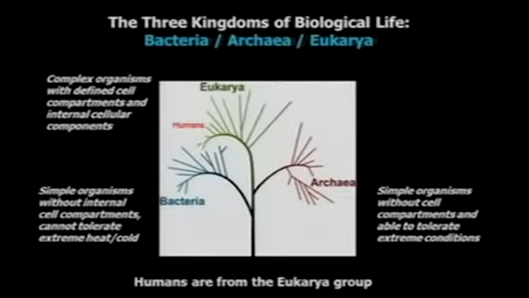Biology divides life into three kingdoms: bacteria, archaea, and eukarya. Bacteria and archaea are simple organisms with no subcellular compartments. Eukarya are complex with defined cell compartments and internal organelles, mini organs like mitochondria that make DNA and energy for the cell.